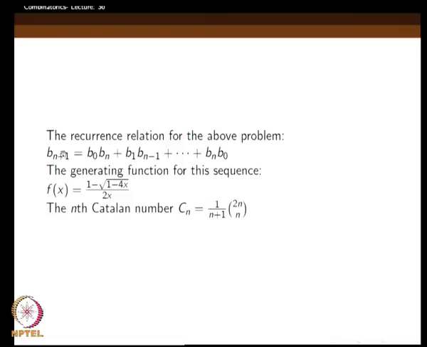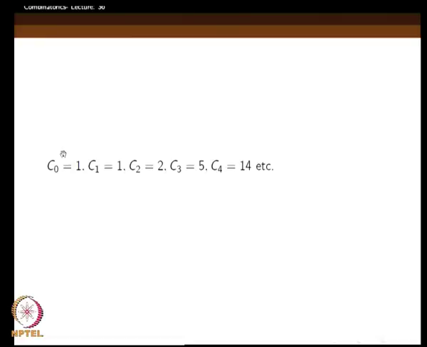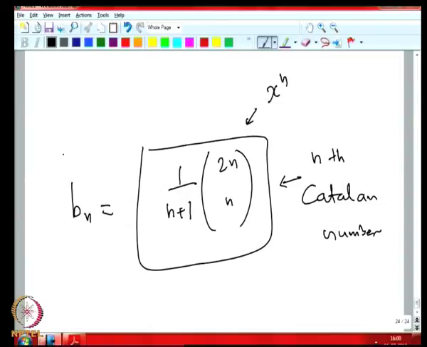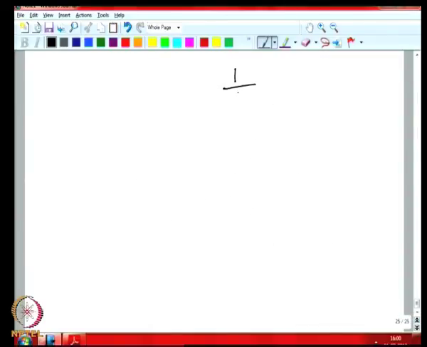Now, we can see a few examples. Initial values: C 0 is 1, do you want to check it? That should be right, because that is the way we have defined it. If you put n equal to 0, this will be 1 by 1 into 0 choose 0, that is 1. So, C 0 is equal to 1, and C 1, when you put 1, is 2 choose 1 into 1 by 2, that is 1.